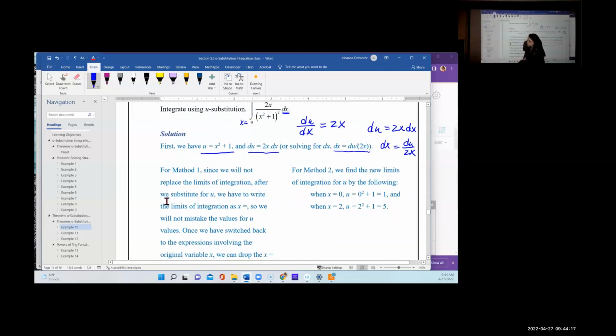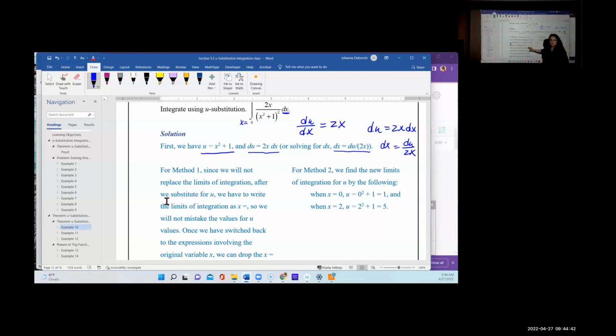Method 1 says we're not going to replace the limits of integration. We're going to leave the limits of integration as x values. But after we substitute for u, the differential is no longer dx, the differential is du. You have to indicate that the limits of integration are in fact x values. So you're going to write on the limits of integration x equals.